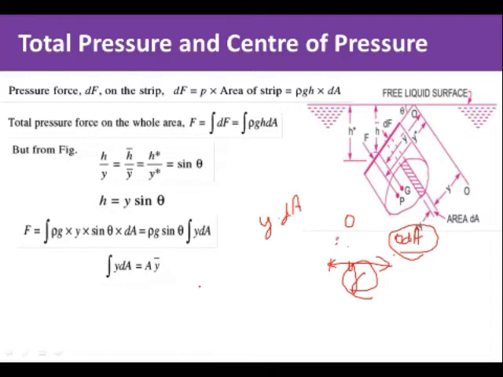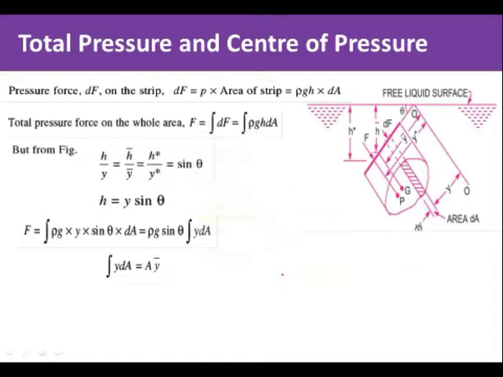Moment of force is nothing but force into distance. Similarly, moment of any other quantity, suppose moment of area, is nothing but area into distance. So in our case, the distance is y and the area is dA. So this integration of y into dA is the first moment of area.